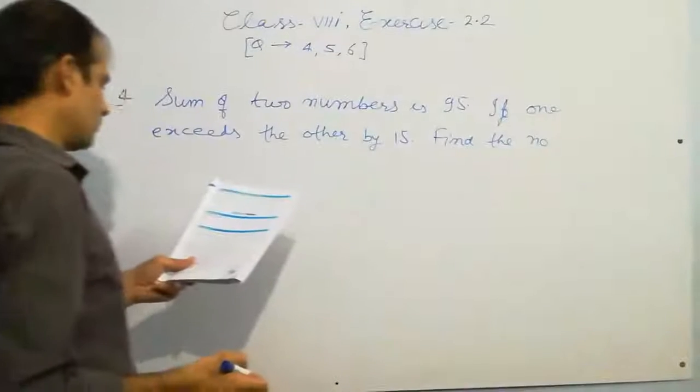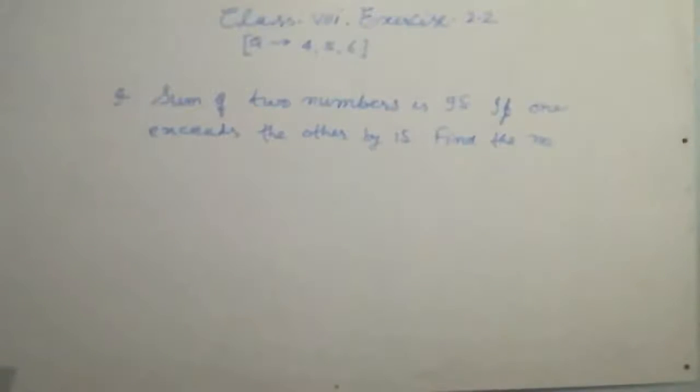Find the numbers. Sum of two numbers is 95. If one exceeds the other by 15, find the numbers.